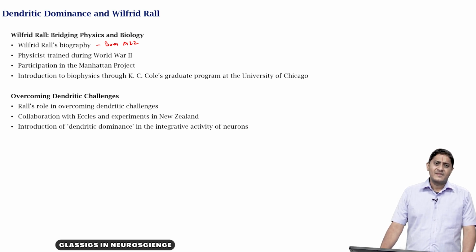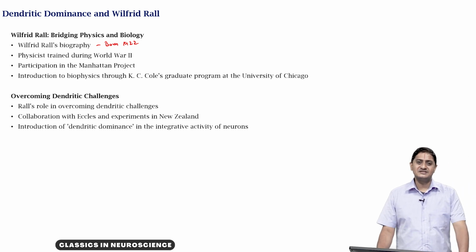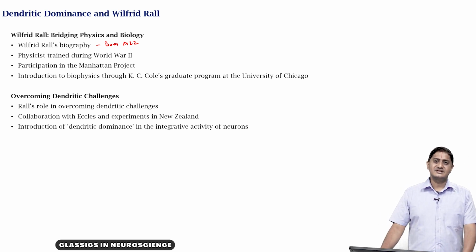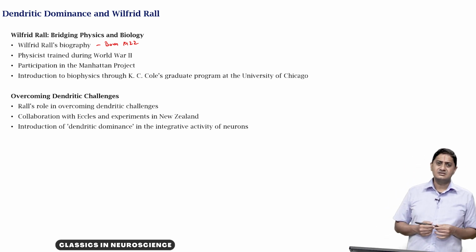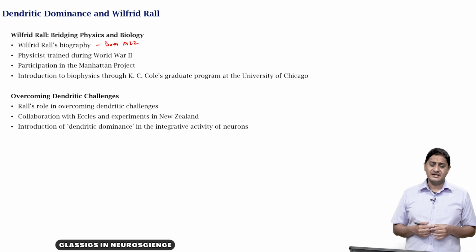Immediately, Wilfrid Rall realized that this could be due to the flow of current in the dendrites. He published this idea as a brief communication in the journal Science in 1957, and he was inspired to pursue this line of work and test this hypothesis rigorously.